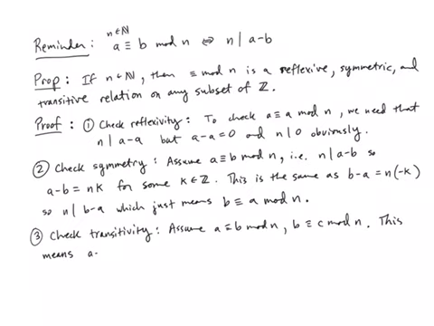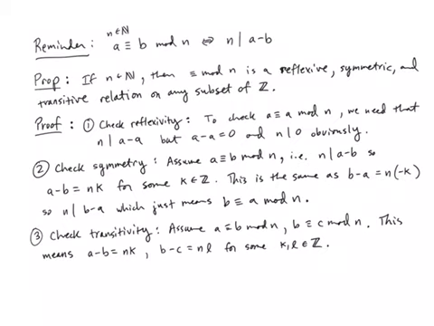That means that A minus B equals n times k for some integer k, and that B minus C is equal to n times L, for some integers k and L. And what we want to know about is A minus C. Right?